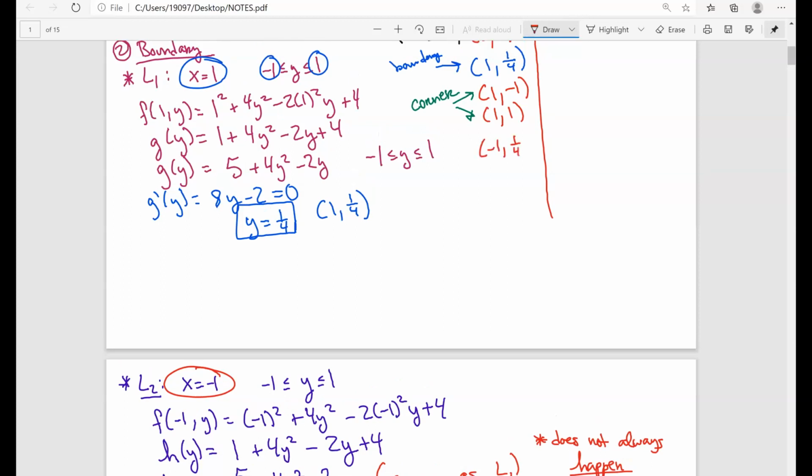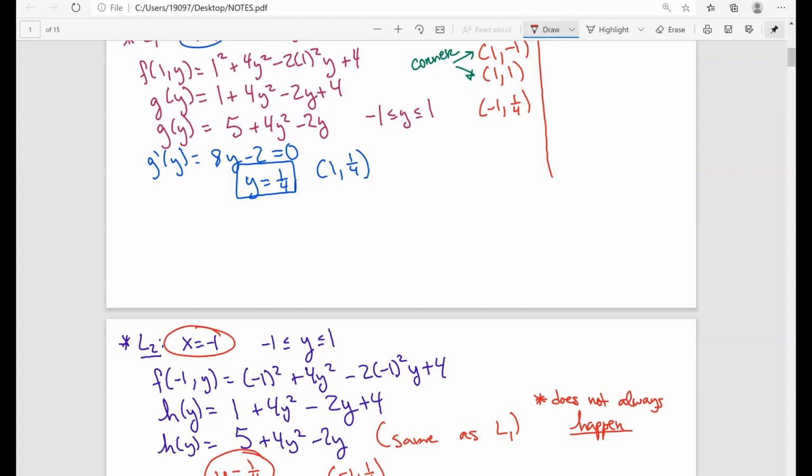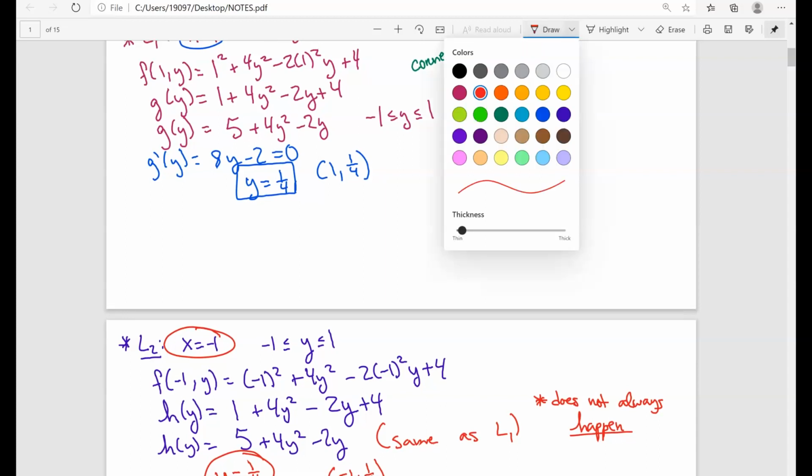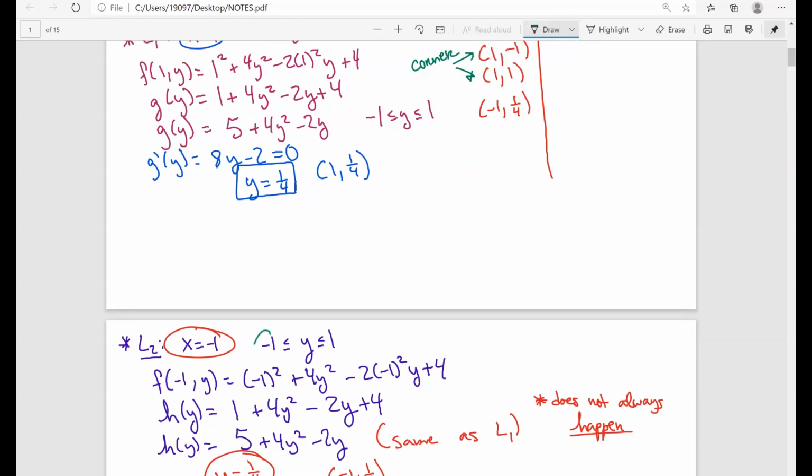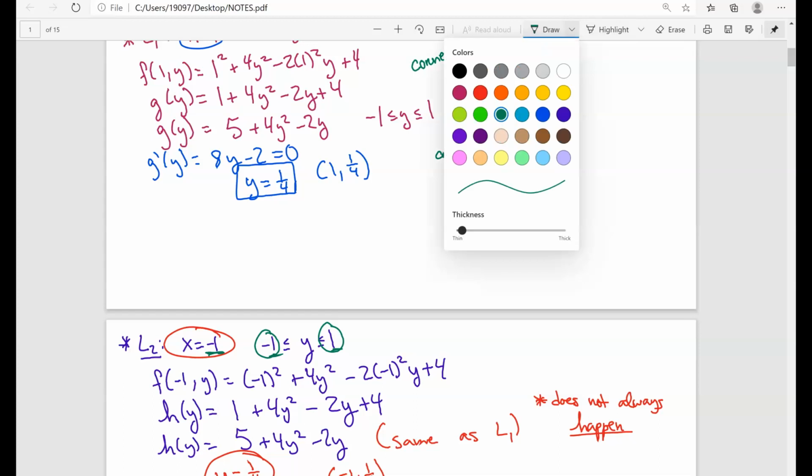-1 comma 1/4. And then again, we also have our corner points. So we have our corners, which is going to be -1 comma -1. And then when x equals -1, my y is going to be 1 as well. I just got those from there. So these guys were my corners, or my endpoints.